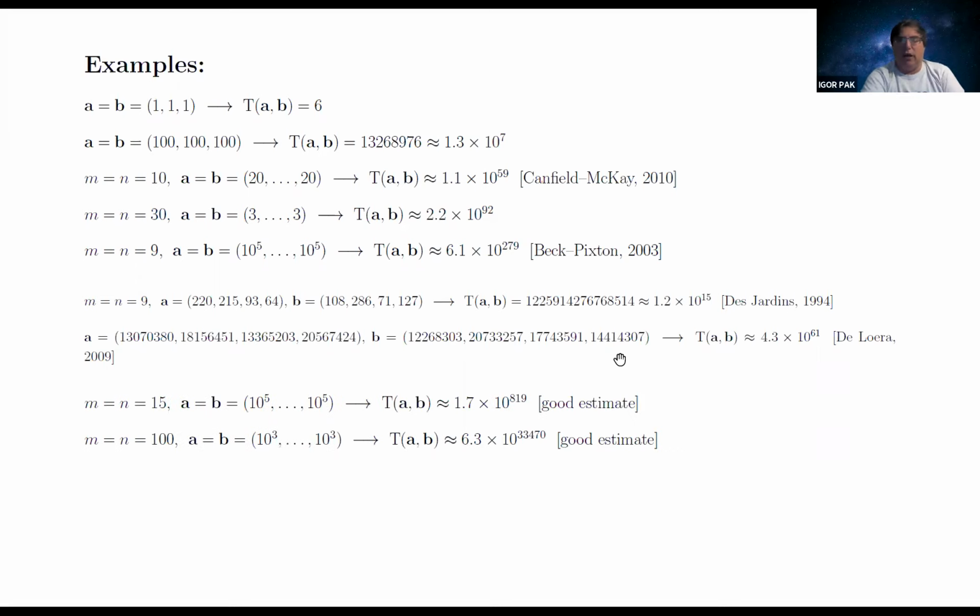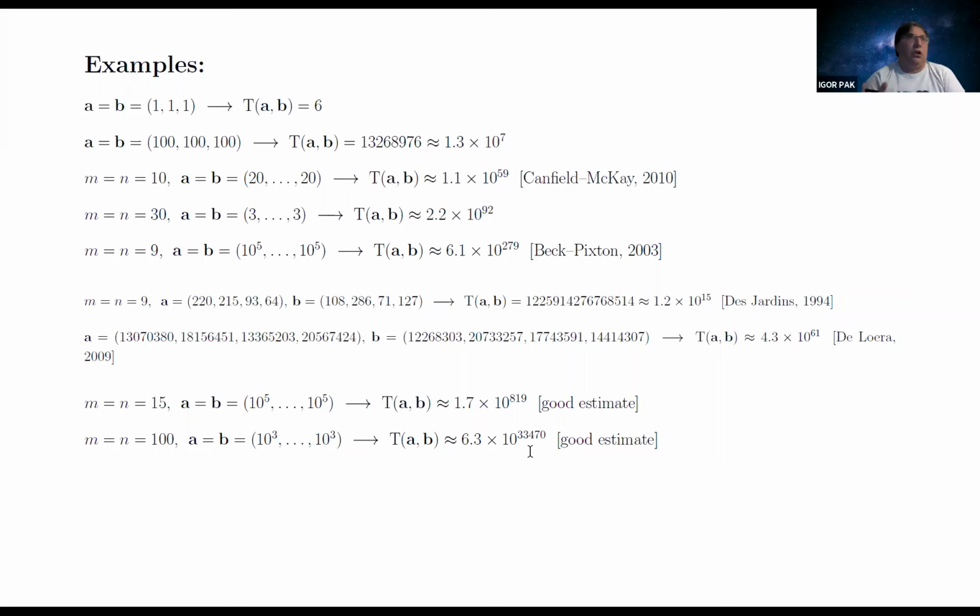So here is something that we don't know. If you have a 15 by 15 matrix, then if the sums are large, you can figure out the leading term. You can figure this out up to roughly maybe 15, 20%, but that's as good as we know this number. If you have 100 by 100 matrices, then it's even harder. These are just uniform matrices. So the exponent here is some large number, 10 to 33,000.